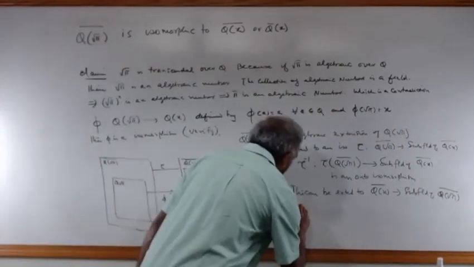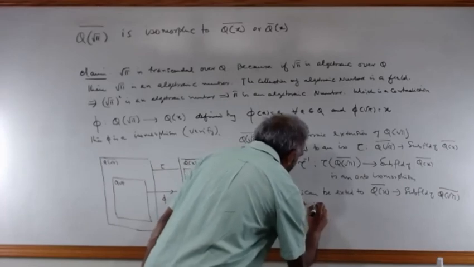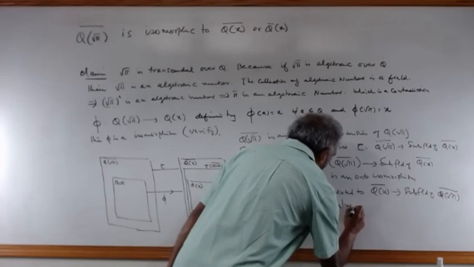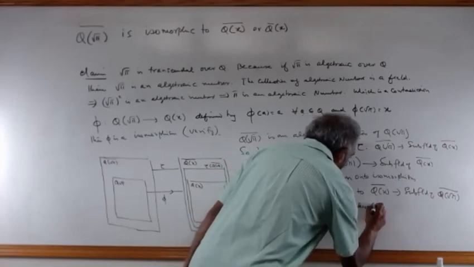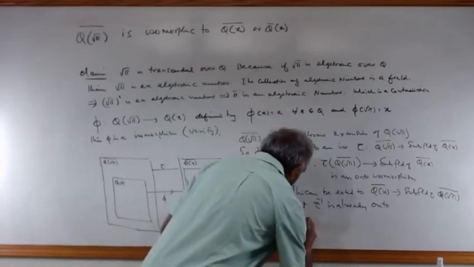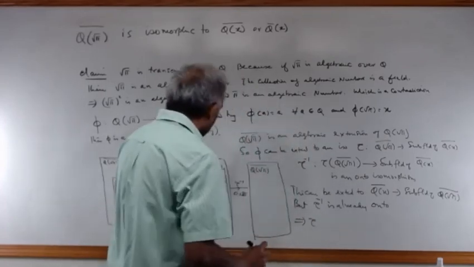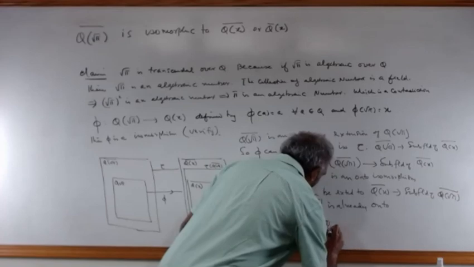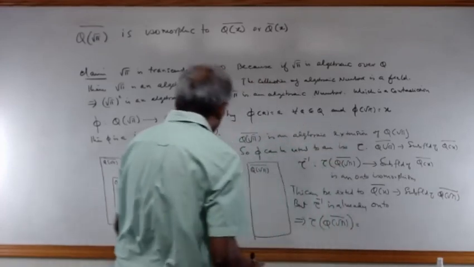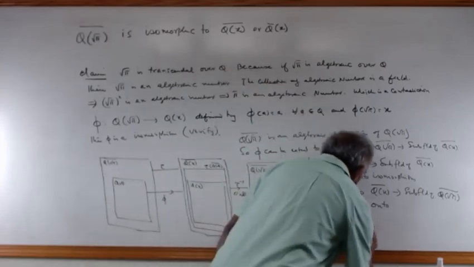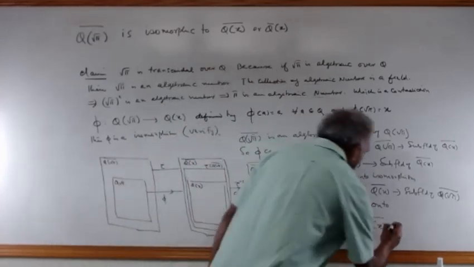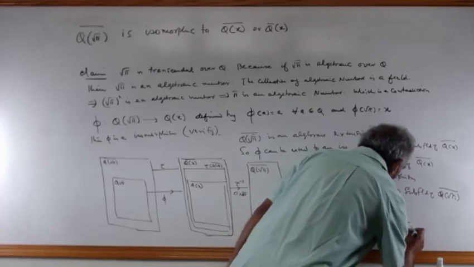But tau inverse is already onto, and that means tau of Q of root pi closure is equal to Q of x closure, and that is again equal to Q closure of x.